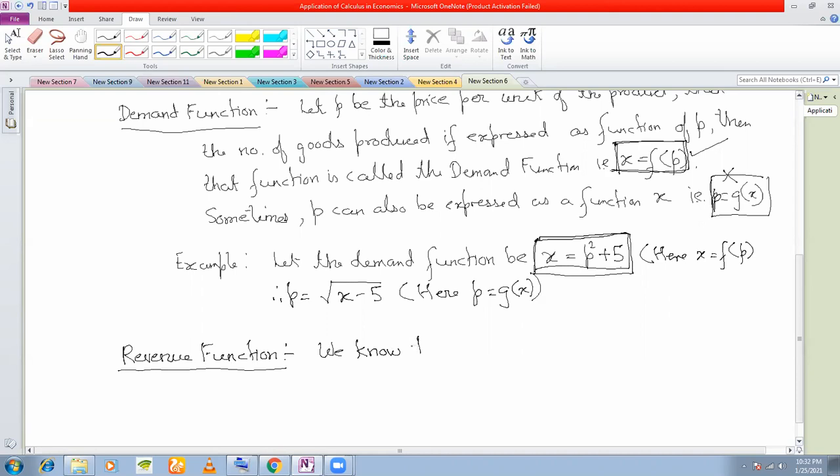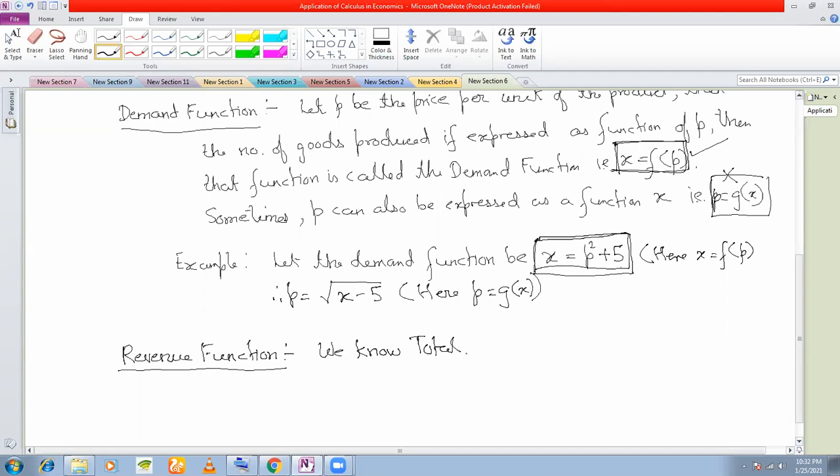Revenue means how much money is coming in. Profit is definitely included, but profit is just one aspect of revenue. You have turnover also in revenue. So those things are all there. Revenue means whatever you are getting back.